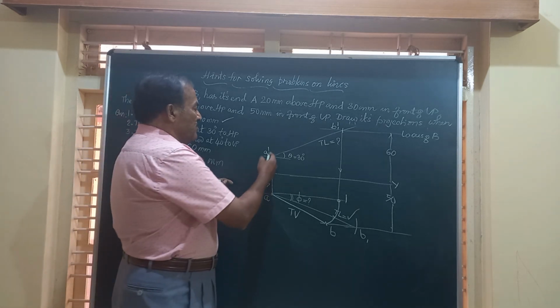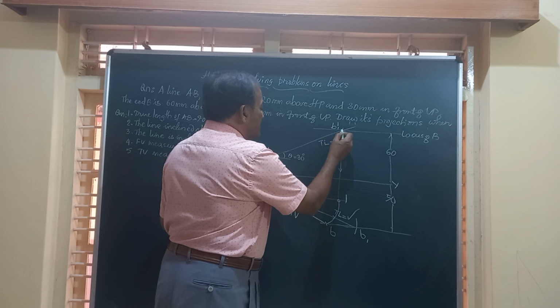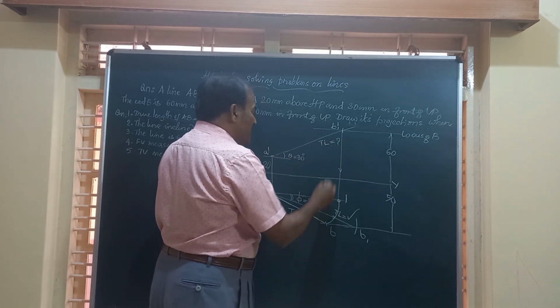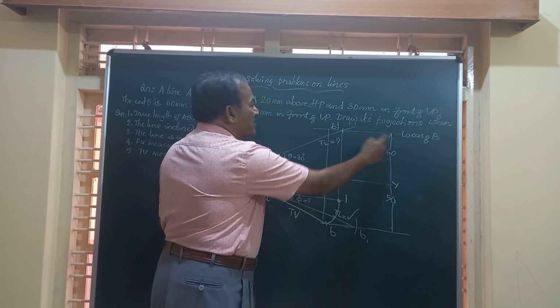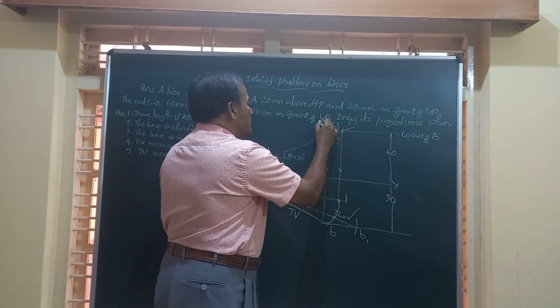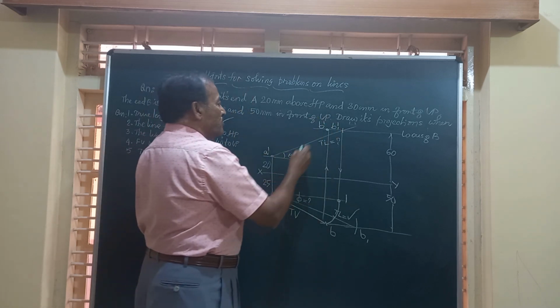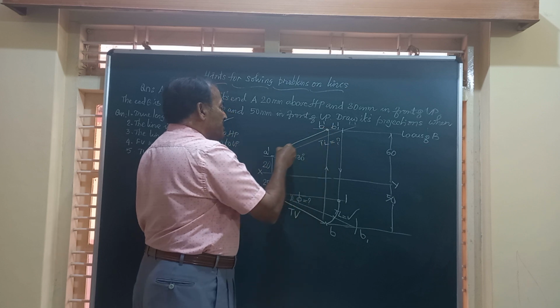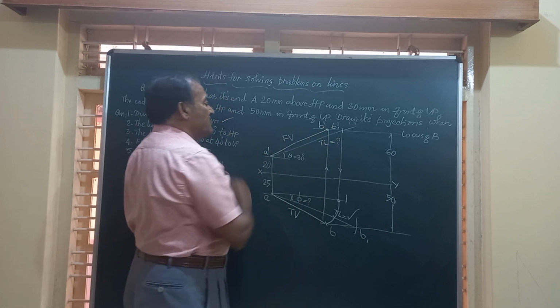Friends, you have A dash lying on the same vertical line. Likewise, you have the point B, draw a vertical line from there. It will intersect the locus of B above the XY at this point. We will call it B dash. So A dash, B dash you have got, join A dash and B dash. This will represent the front view of the line.